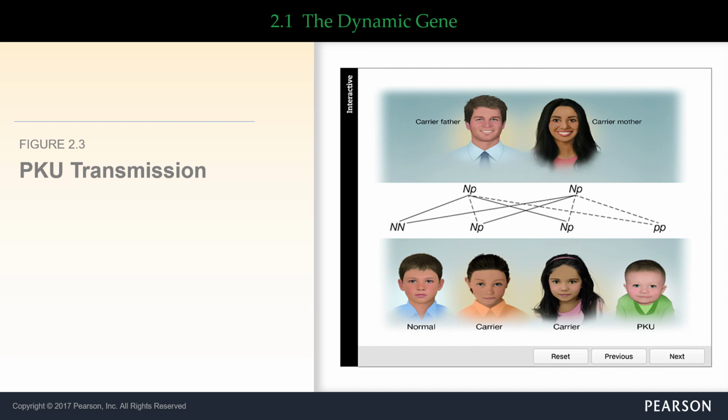The next girl, third from the left, is also a carrier, but the child on the right got the recessive gene from both parents, and so that child, the fourth child on the right, has PKU. And by the way, this doesn't mean that if you have 4 kids, this is how things will pan out, because this is just an example of what might happen.